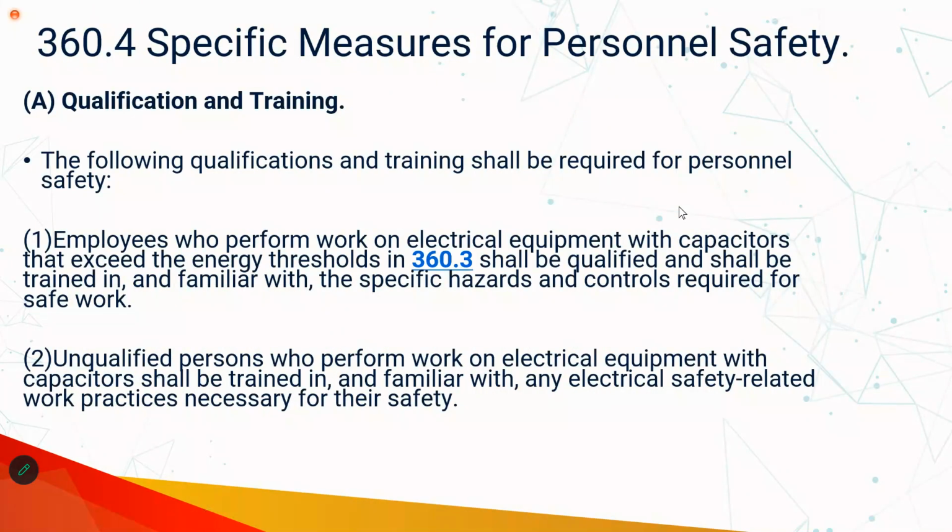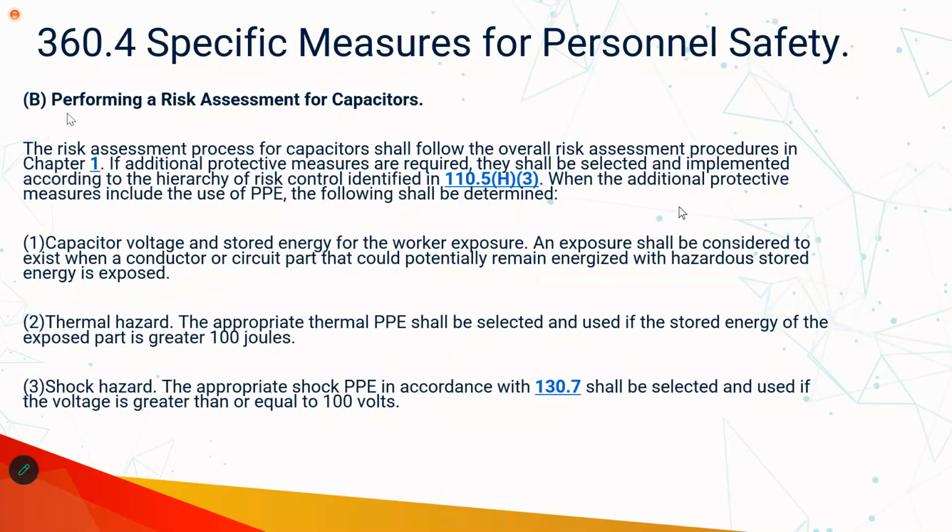Right. Then when you further see this article, you will find the steps for performing the risk assessment. The risk assessment procedure will be the same as per article 110.5(H)(3), in which we look for elimination of the hazard, substitution, control, and other risk controls identified in the hierarchy of risk control.